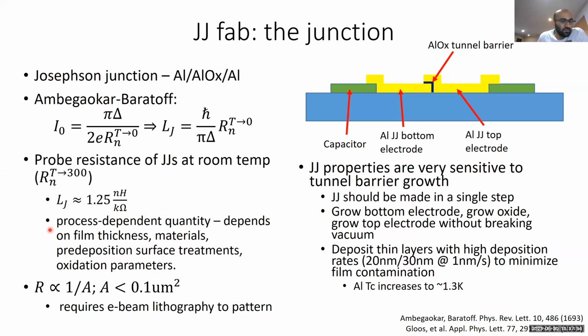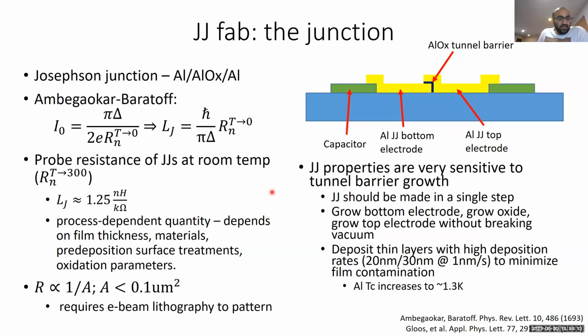Although in reality, this number can vary from 1 to 1.3, which is what I found in my experience. But it's a good starting point for when you calibrate the process that you actually end up doing. This is a very process dependent quantity.